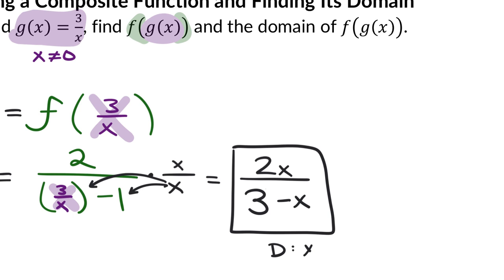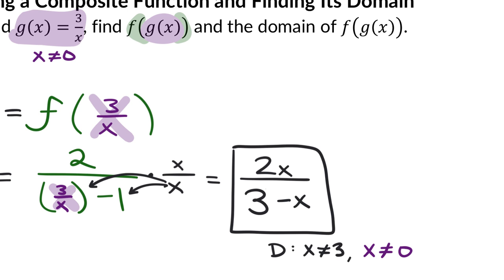So for this one, x cannot equal 3. But we also have to include the domain of the inside. What was the restriction for purple? 0. So my domain is it cannot be 3 and it cannot be 0, because the inside function caused me to say not 0. The final function told me to say not 3.